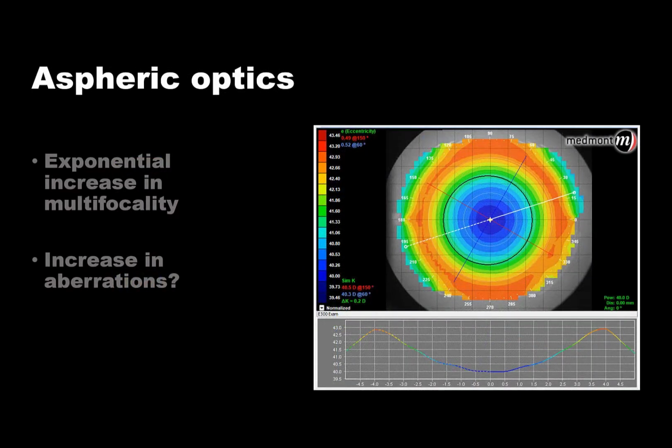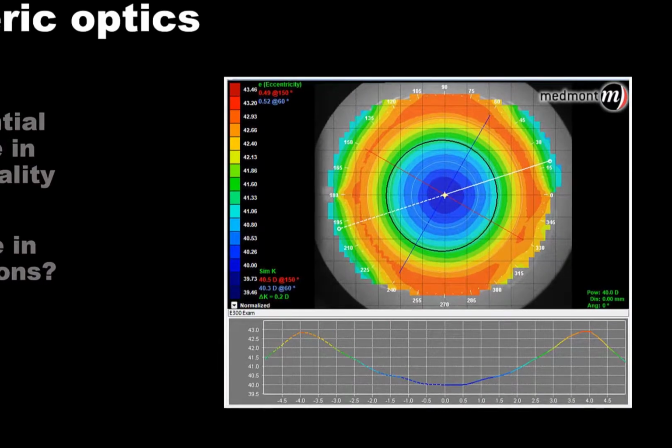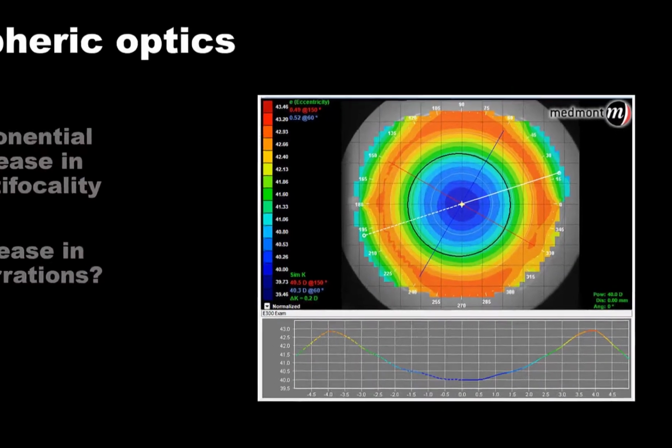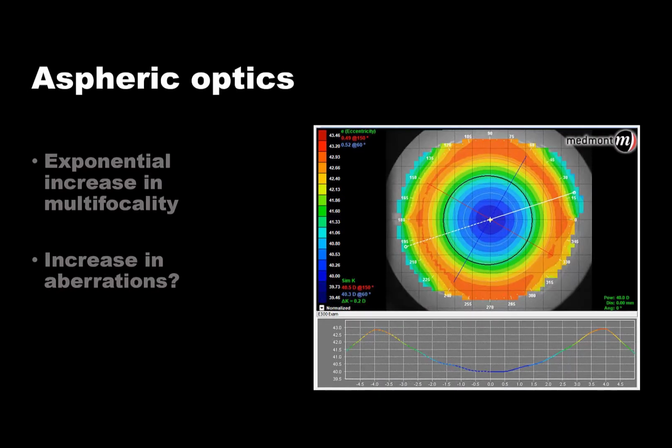One of the typical constructions of multifocal lenses is to provide aspheric optics, which really creates an exponential increase in multifocality toward the periphery. This can induce a high amount of aberrations.